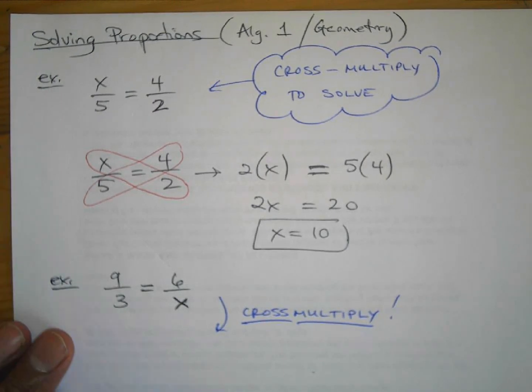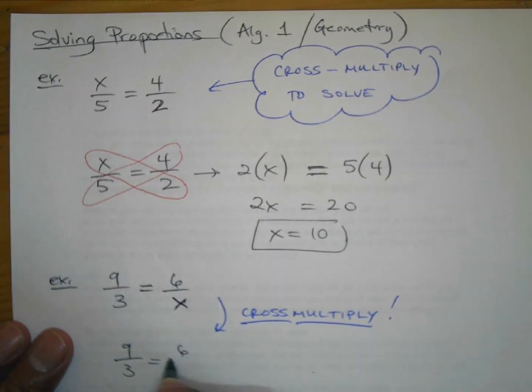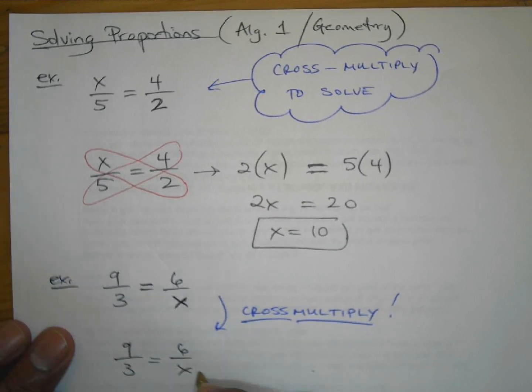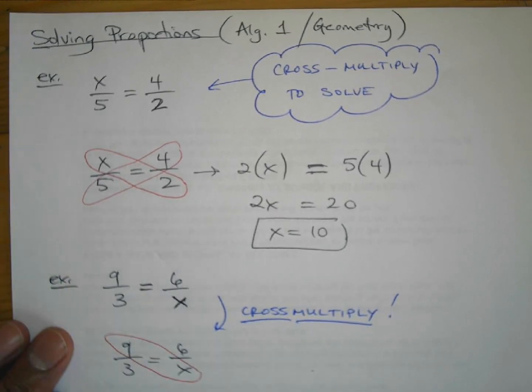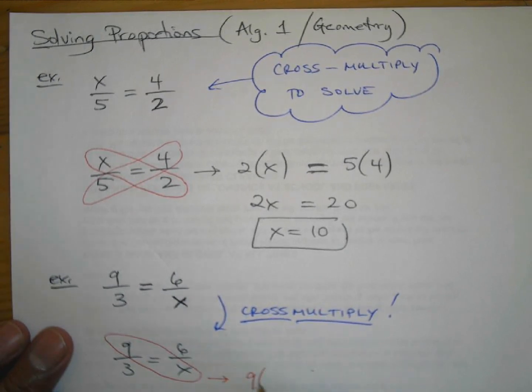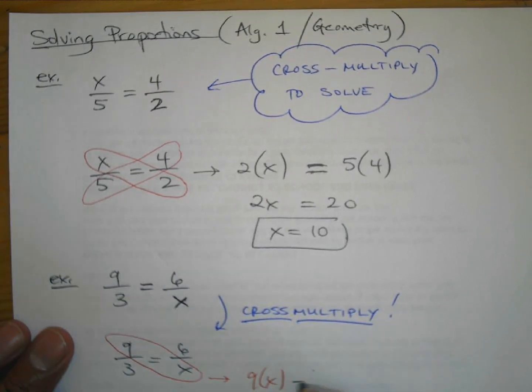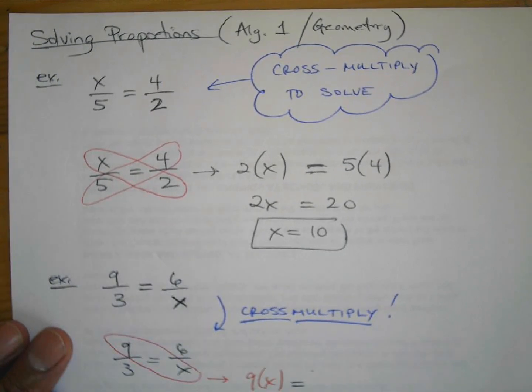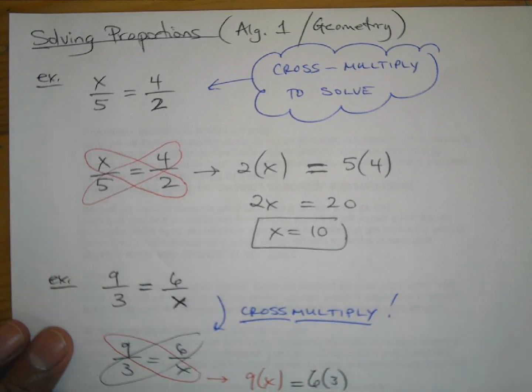You start with this one. 9 times x equals the other one, 6 times 3.